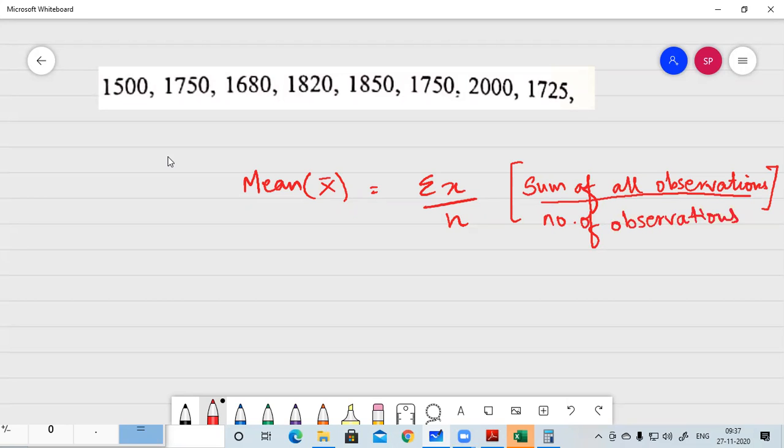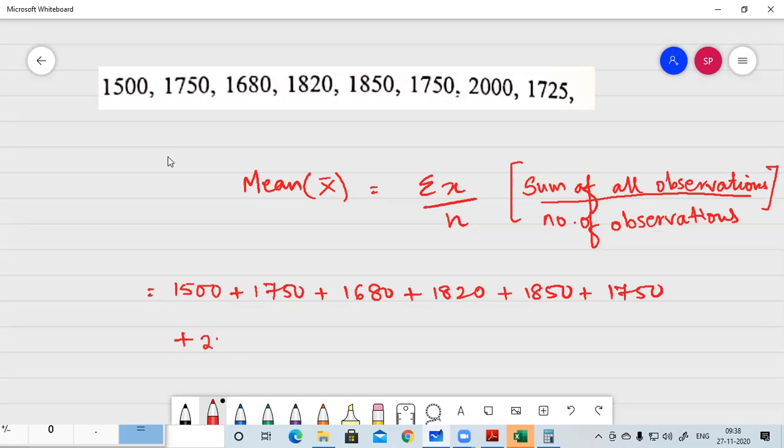Right? Now going further, all we have to simply do is add all the numbers. So 1500 plus 1750 plus 1680 plus 1820 plus 1850 plus 1750 plus 2000 plus 1725.